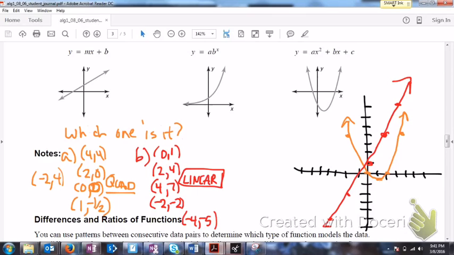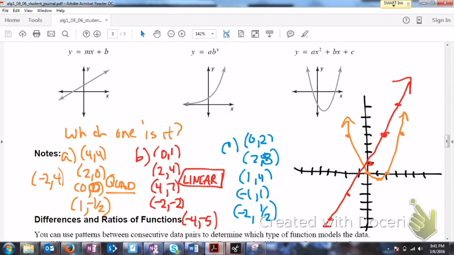Let's do one more. Part C. What if we have these points? (0, 2), (2, 8). That's an 8. There we go. (2, 8), (1, 4), (-1, 1), and (-2, 1/2).